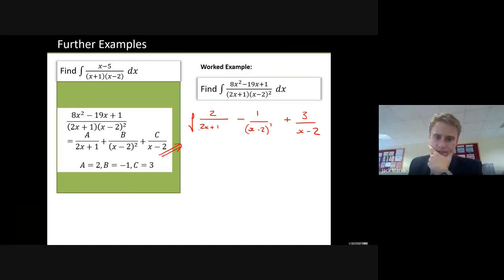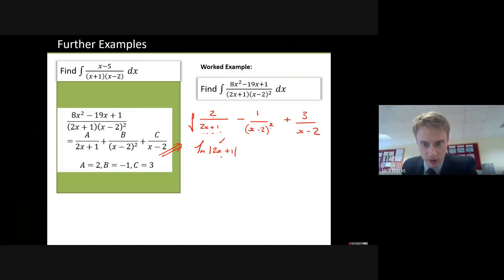For this one, if you do the natural log of 2x plus 1, you'd get this on the denominator, but the chain rule would create a 2, and look, there's a 2 up there already. So in this situation, it's good if you didn't pull the 2 out and just experimented with the denominator first, because that first part already works.